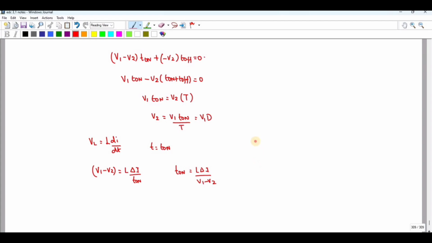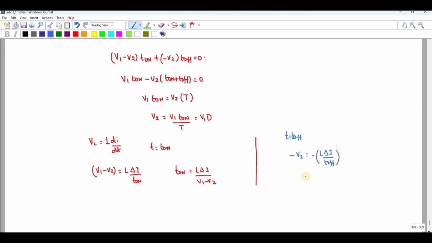Similarly for T off, during that time the voltage is minus V2. The slope is decreasing, therefore I can write minus V2 equals minus L del I divided by T off.